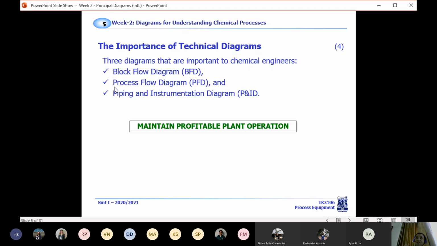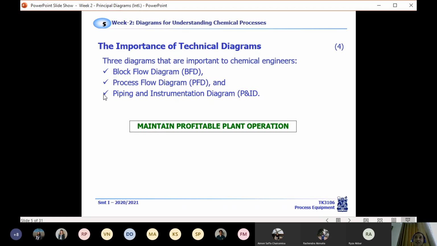Yeah, the other process flow diagrams, for example, the 3D isometric diagram, and then, for example, the hydraulic diagram. This is also important, but I think these first three you have to understand, because there are other technical diagrams as well.